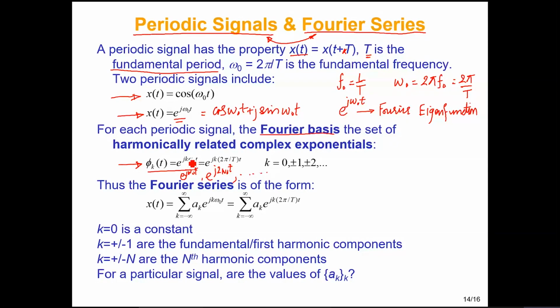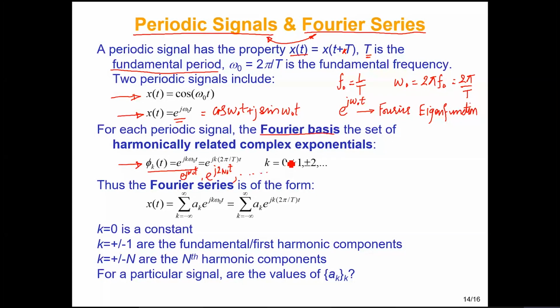Now these eigenfunctions, e to the j omega naught t, j 2 omega naught t, j 3 omega naught t, are harmonically related. What does harmonically related mean? It means that their frequencies are integral multiples of some basic fundamental frequency omega naught. So the fundamental frequency is omega naught, and its harmonics are 2 omega naught, 3 omega naught, 4 omega naught, with plus or minus, so it is basically a multiple of the fundamental frequency.